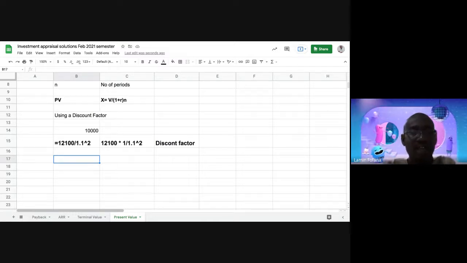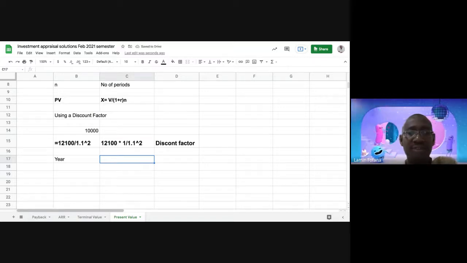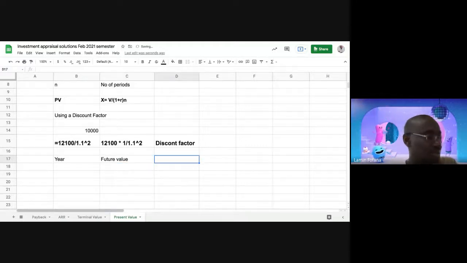So we'll have here future value, which is V. You will have your discount factor, we just short it as DF, and the discount factor is on 10%, isn't it?